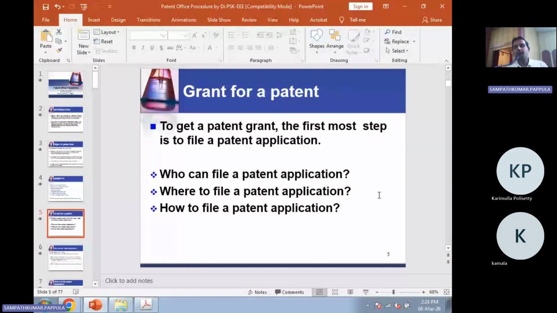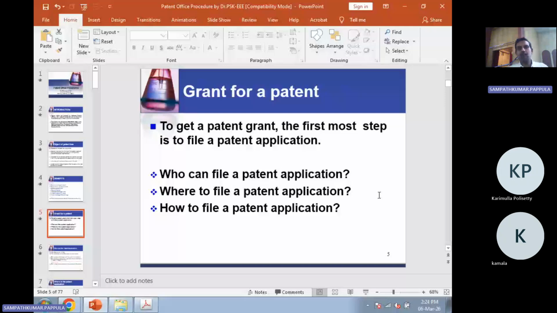Who can file a patent application, where to file it, and how to file it, I will tell you in the next slides.